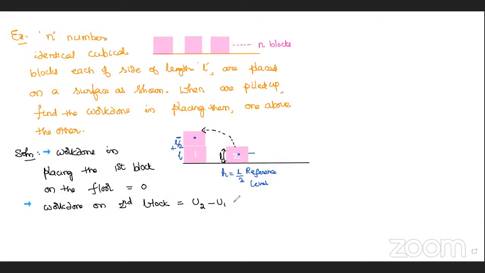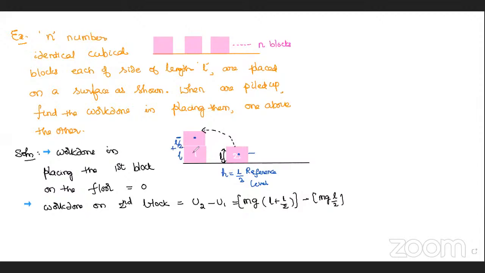I think you know it already, I told this formula. Final potential energy is the formula mgh. H is L plus L by 2. Final potential energy minus initial potential energy, which is mgL by 2.